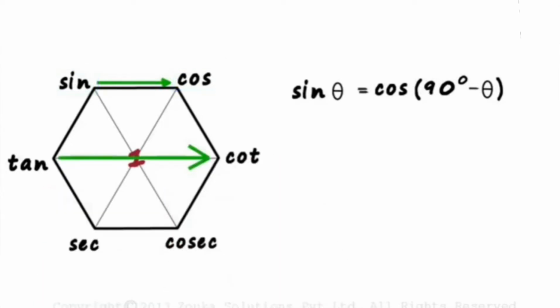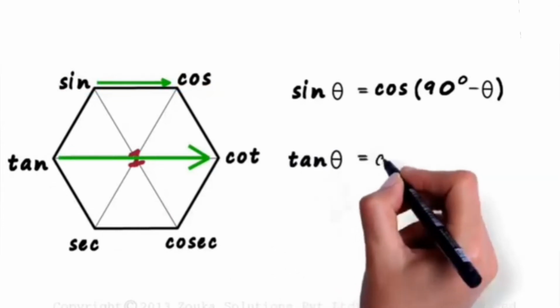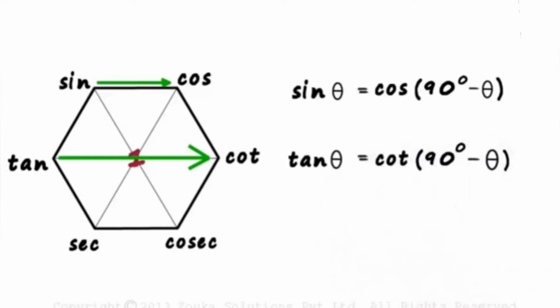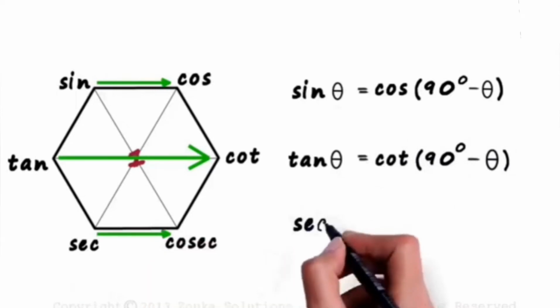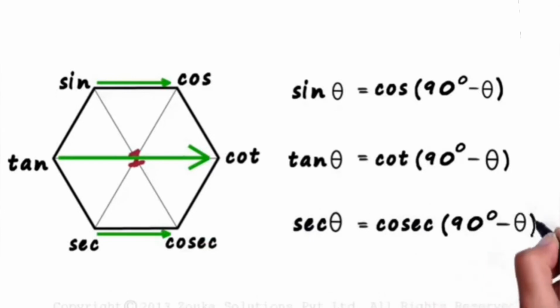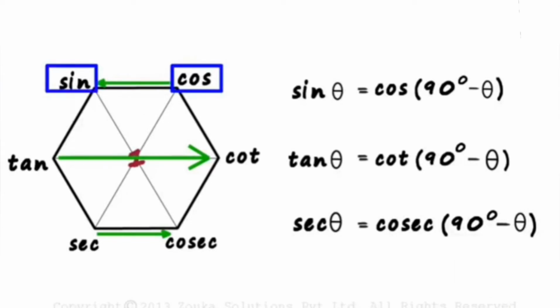Then we see tan theta and cot theta, which is tan theta is equal to cot of 90 degrees minus theta. Then we see sec and cosec. Sec theta is equal to cosec of 90 degrees minus theta. And it is also the opposite of it, which is cos theta is equal to sine of 90 degrees minus theta.